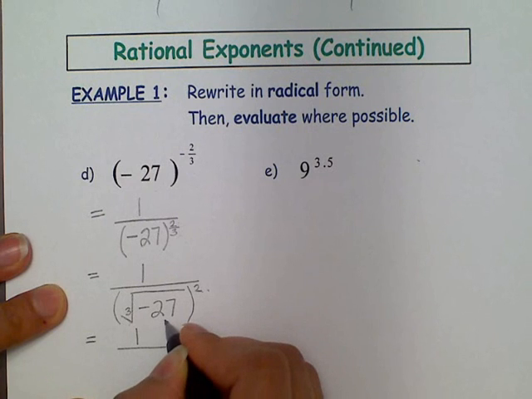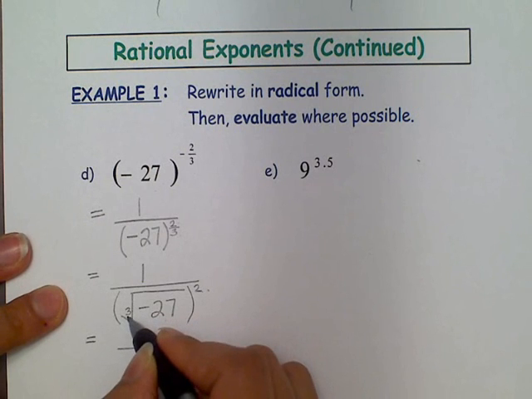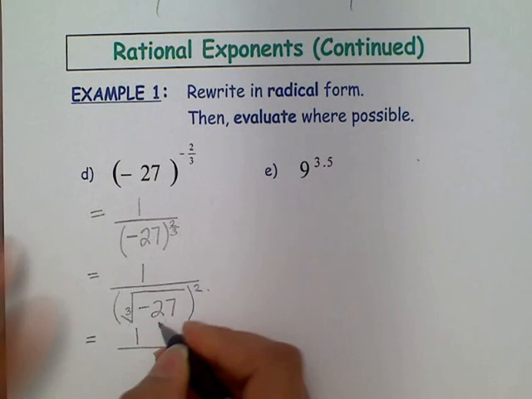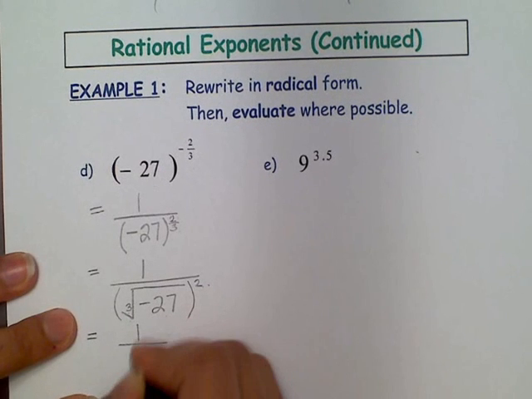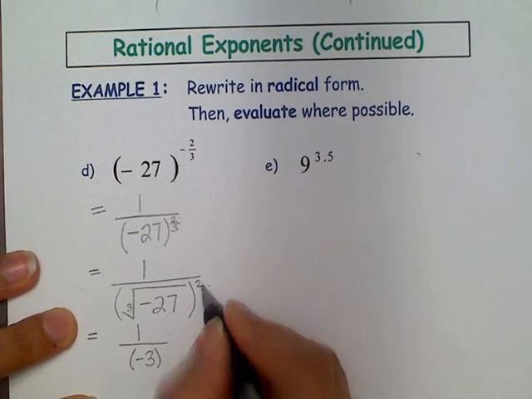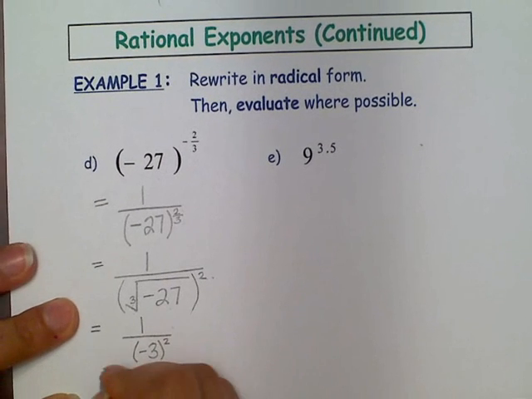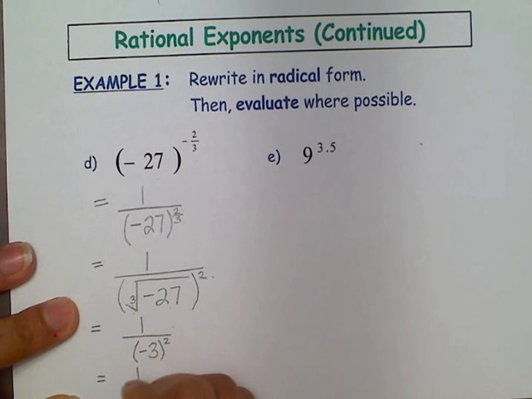So I can evaluate the third root of negative 27, or the cube root of negative 27. This just means some number multiplied by itself 3 times gives me an answer of negative 27, and that number I know is negative 3. So that gives me negative 3 inside the brackets. Then I still need to apply the growth of 2, or an exponent of 2.